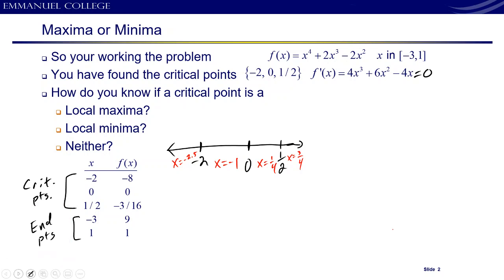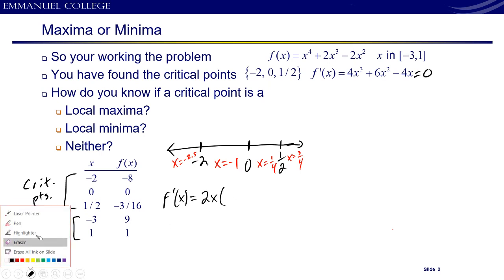And if we take our function, so if we take the derivative f prime of x, that's equal to, if I factor out a 2x, 2x times 2x squared plus 3x minus 2. I just have to write it correctly.